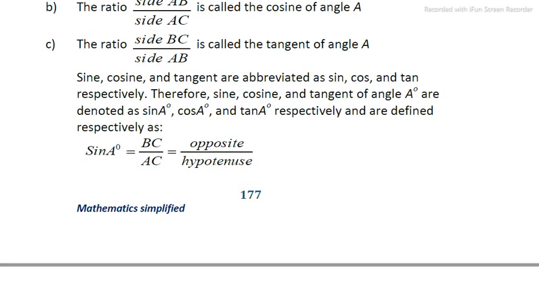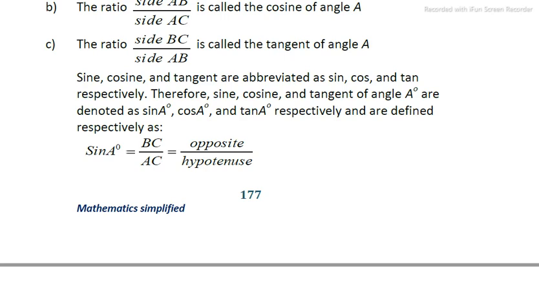So, the sine, cosine, and tangent are abbreviated. We abbreviate sine as sin. The cosine is abbreviated as cos, and the tangent is abbreviated as tan.